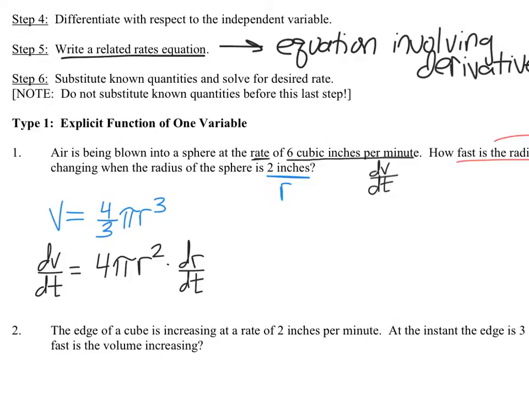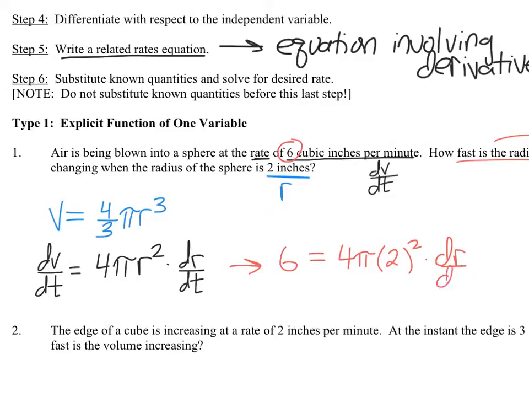The good news is that provides us with exactly what we need, because I have a dv/dt, which is 6, and that's a positive 6. It's being blown into the sphere, so the sphere is gaining volume at a rate of 6 cubic inches per minute. r is 2 at the particular moment that we're interested in.